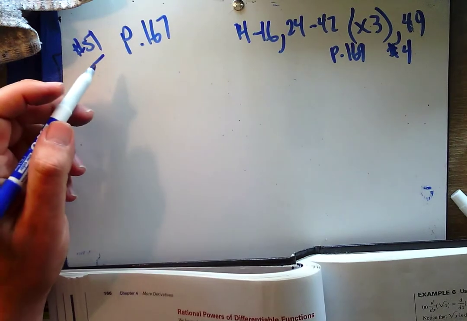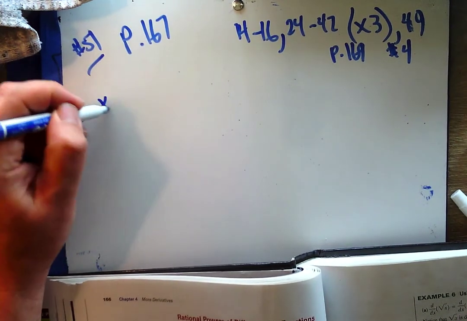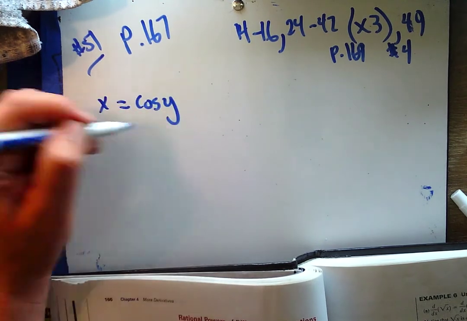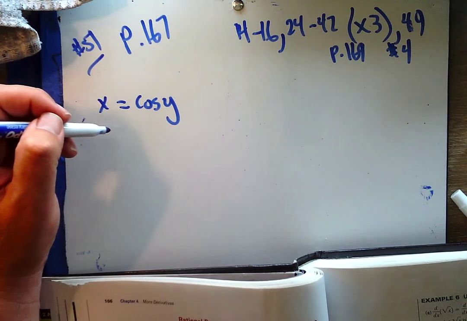Okay, seems pretty humane. Let's take a look at 14. X equals cosine y, and the directions say find where the slope of the curve is defined.